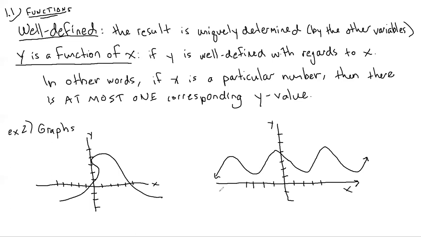Label my X and Y. Doesn't really matter if I draw all these arrows. You should kind of get the idea there. Yeah, so in graphs, there's actually something that we can do called the horizontal line test. And I'll illustrate it with these two examples here.